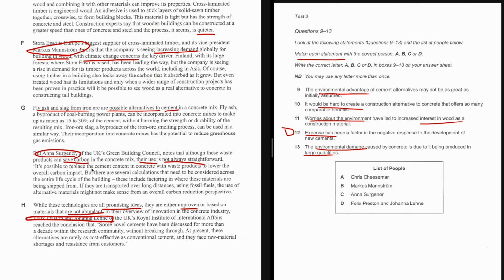So it's possible to replace the cement content in concrete with waste products to lower the overall carbon impact, but there are several calculations that need to be considered across the entire life cycle of the building. These include factoring in where these materials are being shipped from, if they are transported over long distances using fossil fuels, and the alternatives might not make sense from an overall carbon reduction perspective.